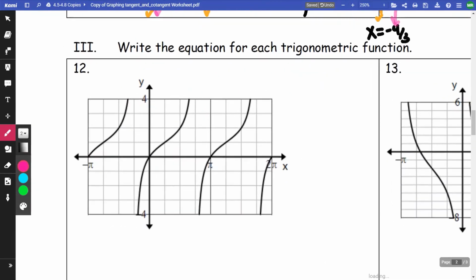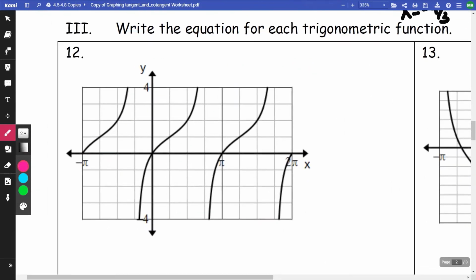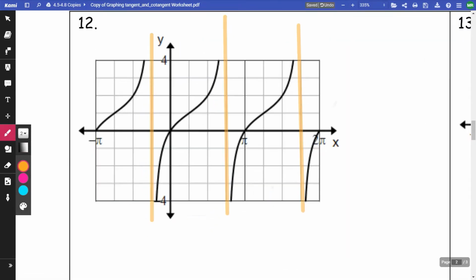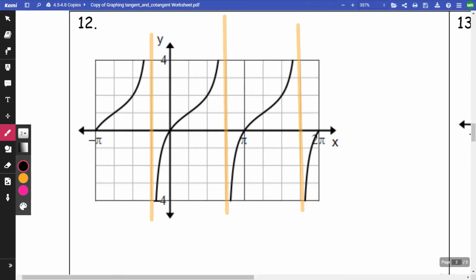Now these ones we want to write an equation. So first thing I'm going to do is just draw in my asymptotes. Just looks like I have one here, here. So as I'm looking at this, they're splitting this into 1, 2, 3, 4 into 4.